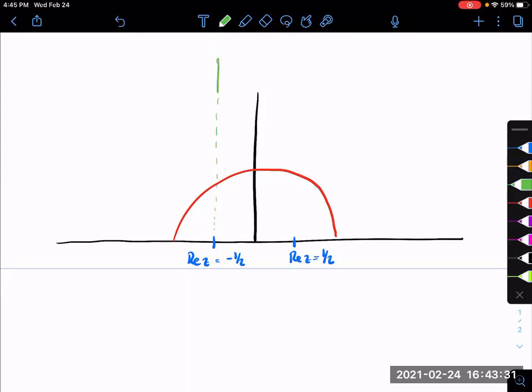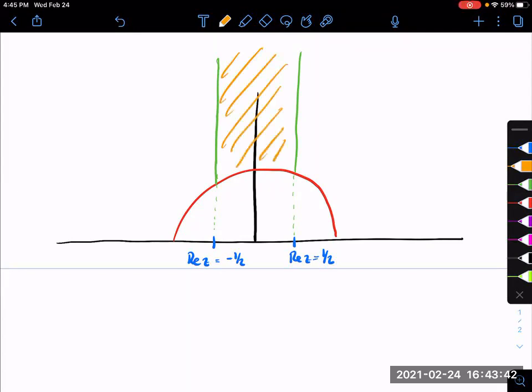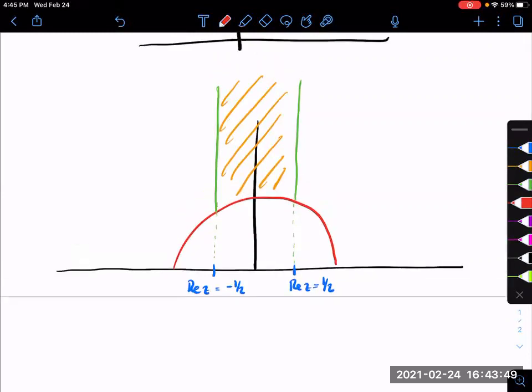I should probably just make them solid. Then this region is a fundamental domain for gamma if you include the boundary, because remember, it has to be a closed region. And there are others, of course, but this is the main one because it's got nice symmetry about the y-axis.